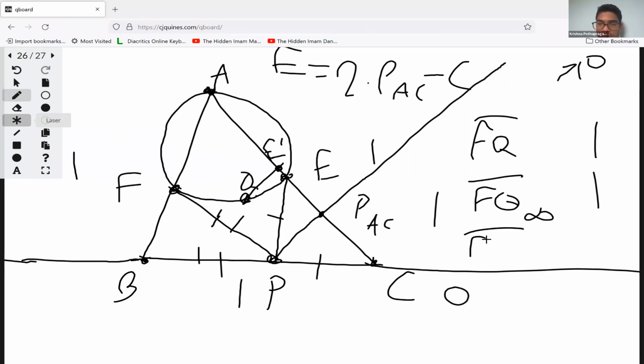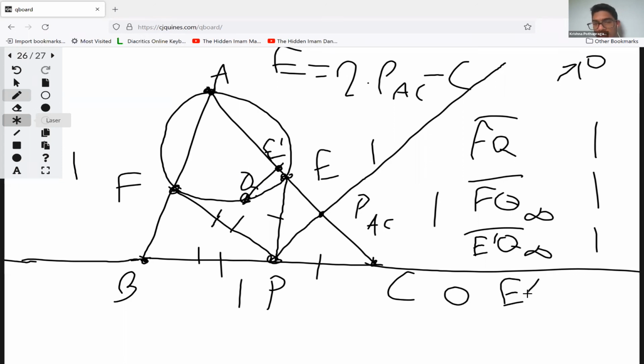So now we can rotate this F by a fixed angle. The degree of that point at infinity is degree 0 plus degree 0 plus the degree of the point at infinity of FQ, so this is 1.